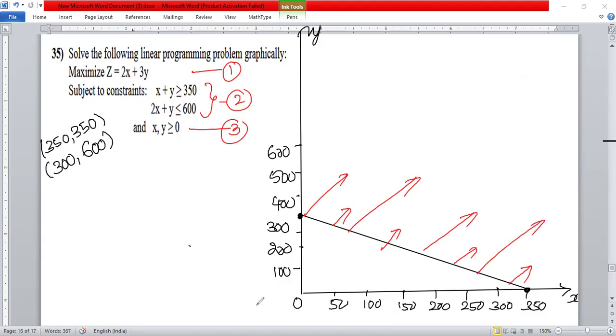Second point, 300 comma 600. So that is lesser than or equal to, inside the hall. That's it.